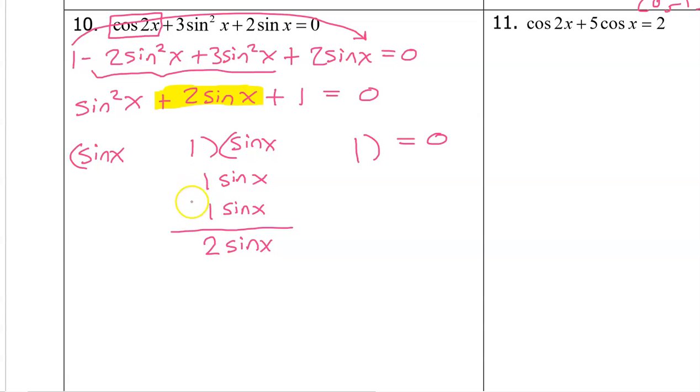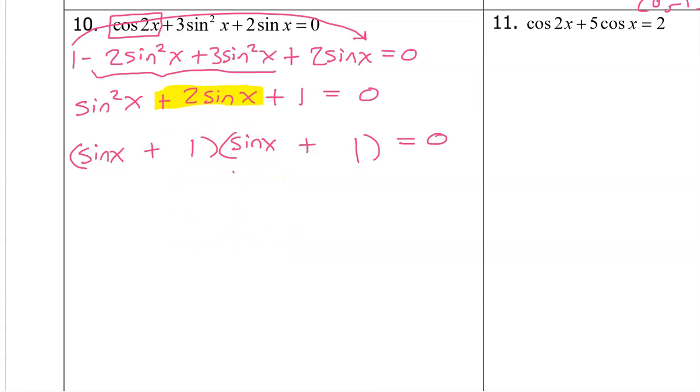We can choose whether we want these to be positive or negative. But since the middle has to be positive 2 sine x, that will only happen if both of these are positive as well. So that means this has to be positive and this has to be positive. So there we factored it.